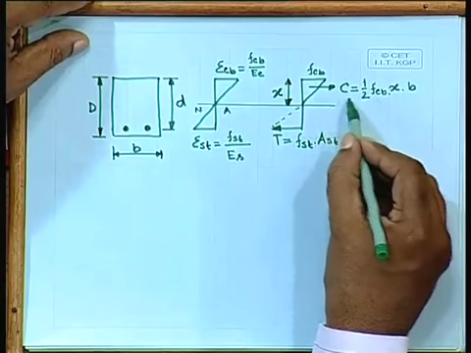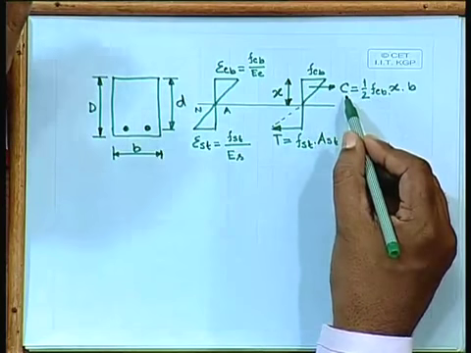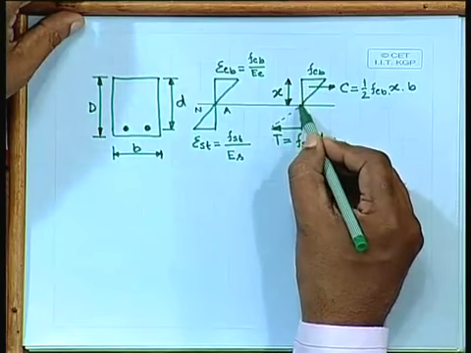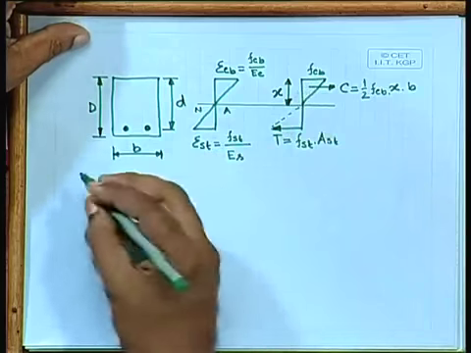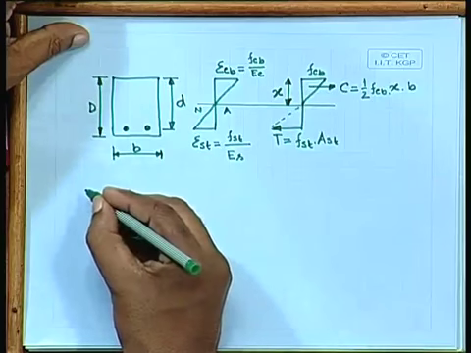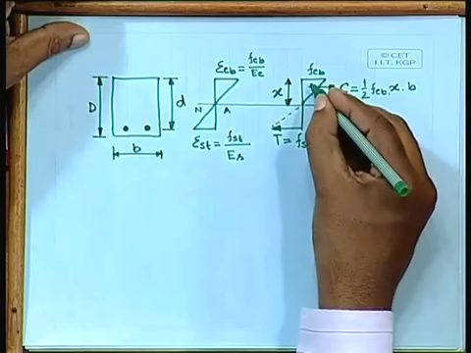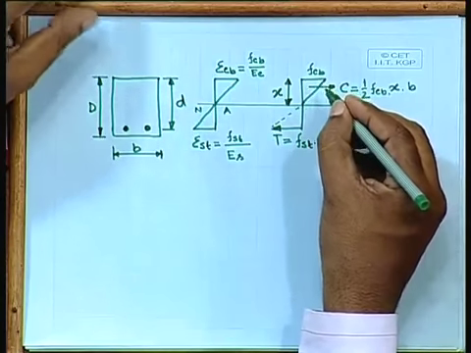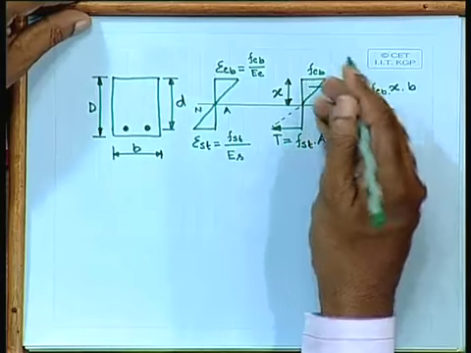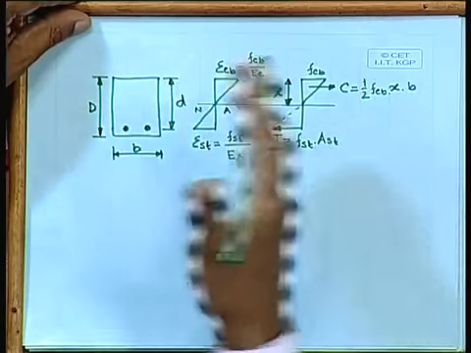So, we are considering the concrete, that compressive stress will be equal to the area of this triangle, and actually we can say this is a wedge, triangular wedge type. That means along the depth also you will get it.